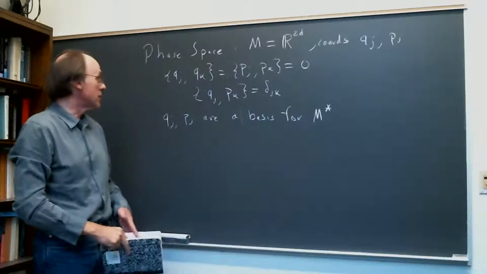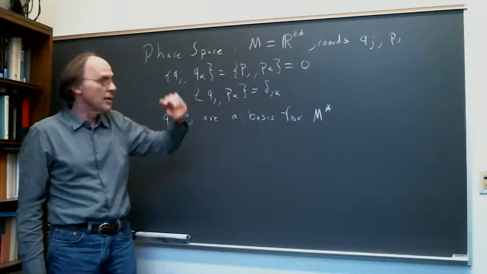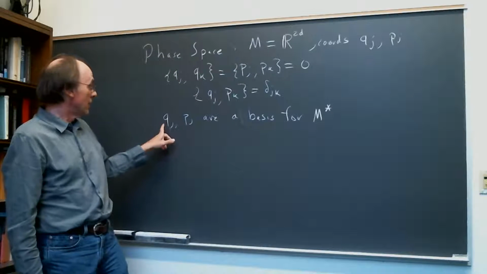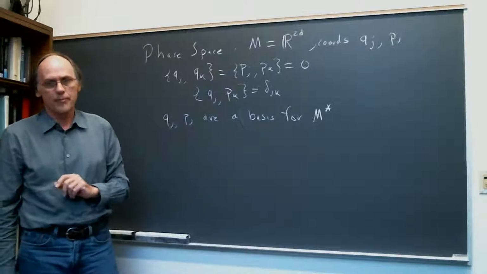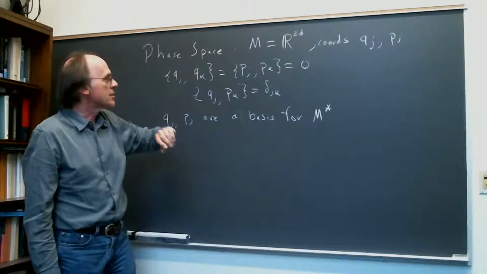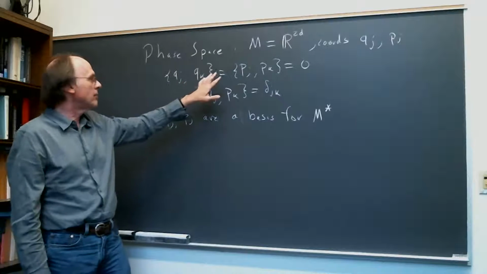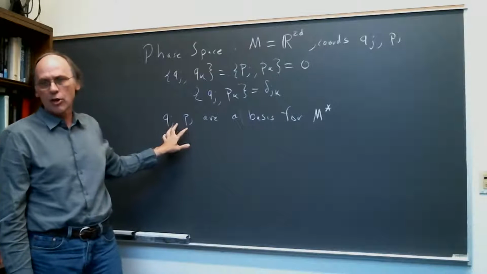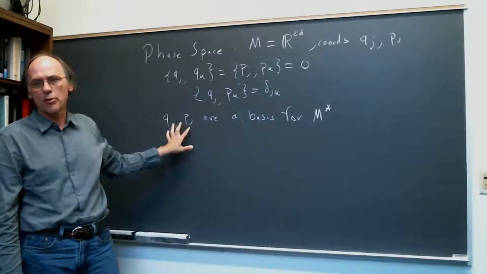These are linear functions on M, and they're actually a basis for the linear functions on M. Every linear function is a linear combination of these things. You should think of these relations as giving you an analog of an orthonormal basis if you had an inner product.